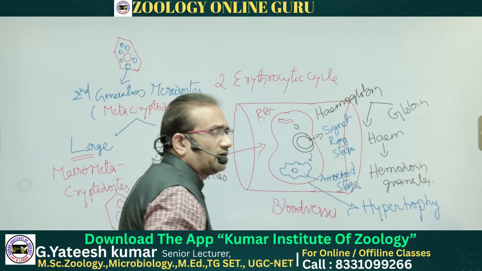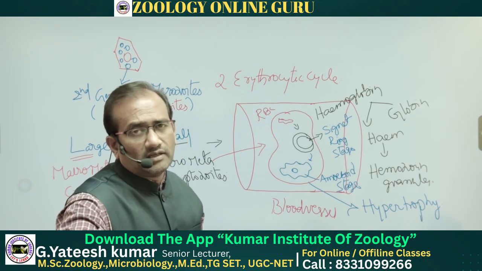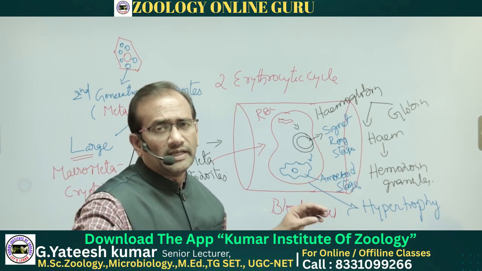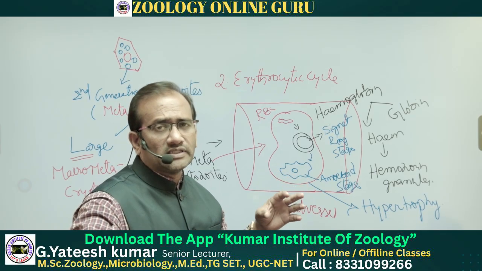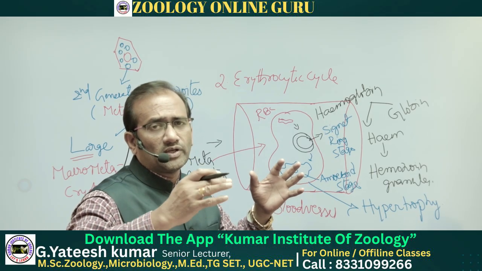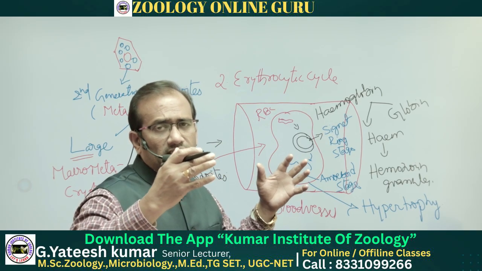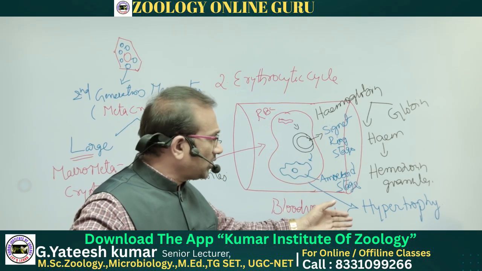Hypertrophy is the effect of the parasite on the RBC.